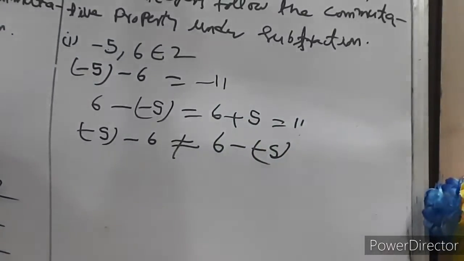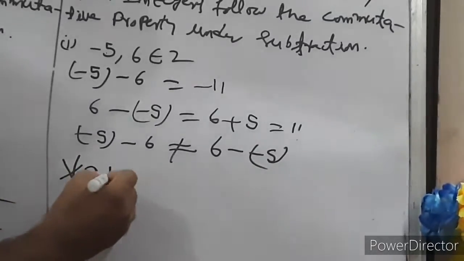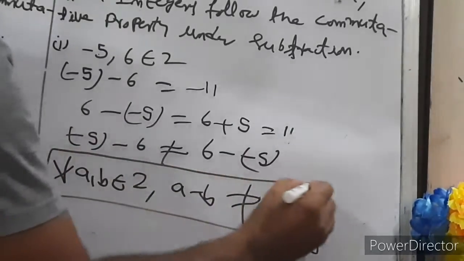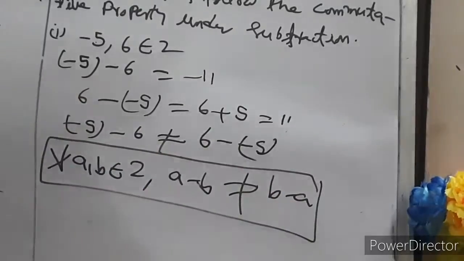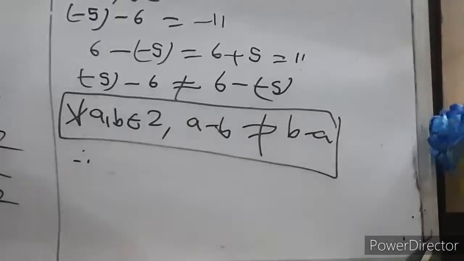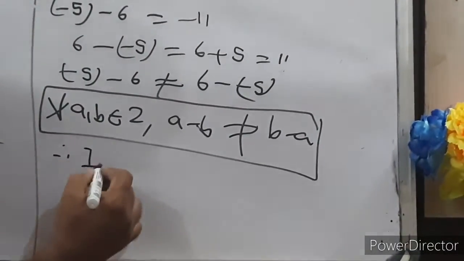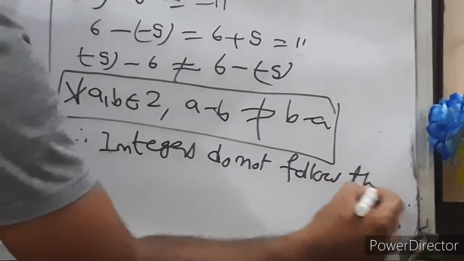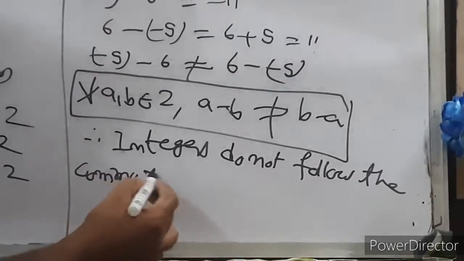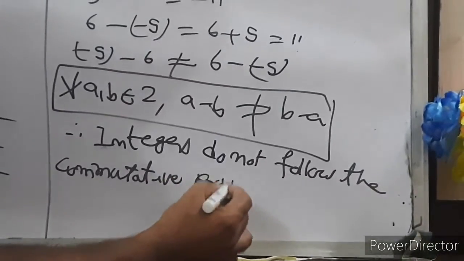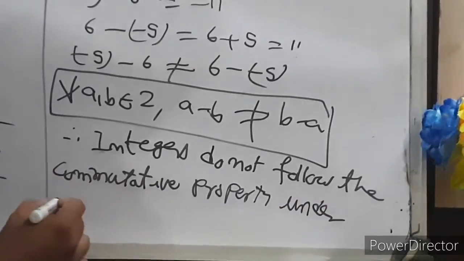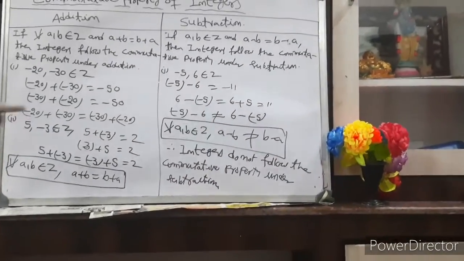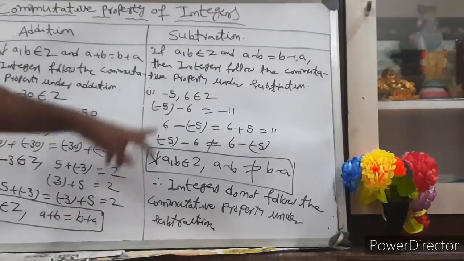So in this situation, for all A, B belonging to Z, A minus B is not equal to B minus A. Therefore, integers do not follow the commutative property under subtraction, because A minus B is not equal to B minus A.